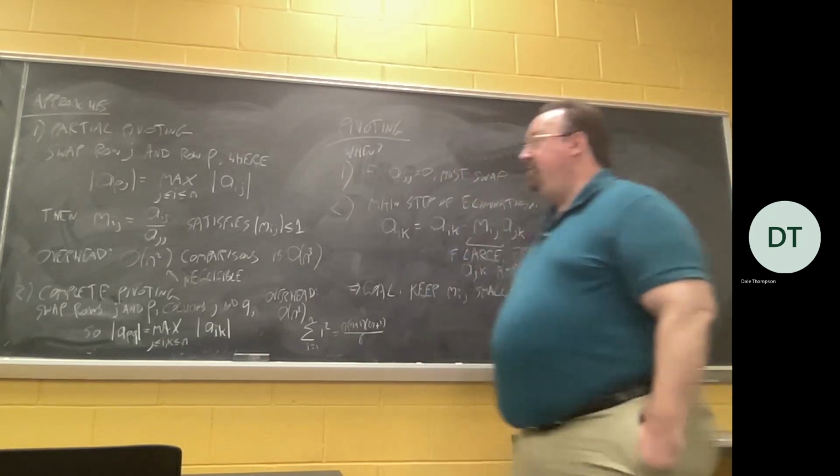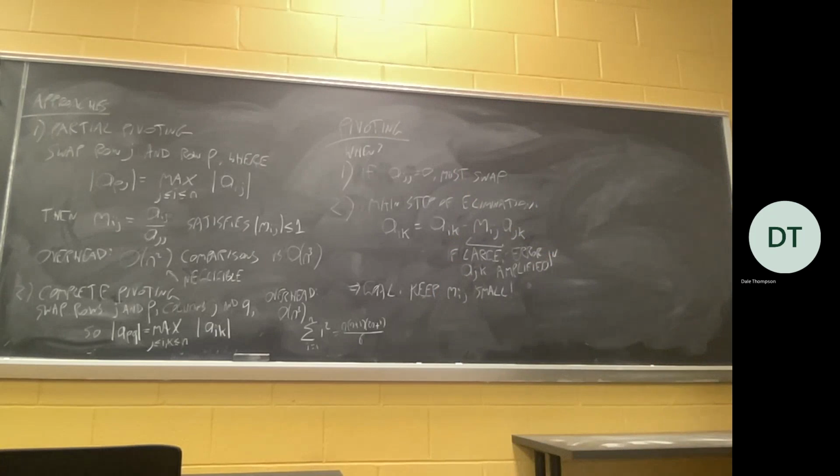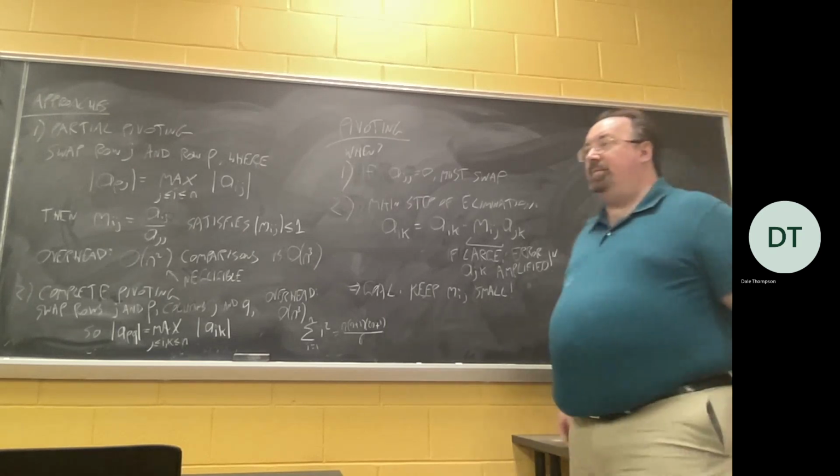So then along came Jim Wilkinson, who performed a very careful round-off error analysis of Gaussian elimination. And when complete pivoting is used, it has been proven that it is numerically stable.